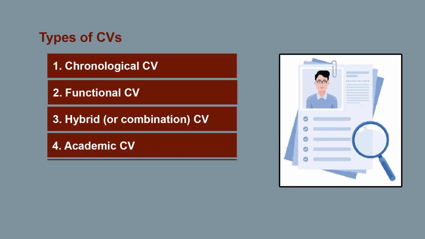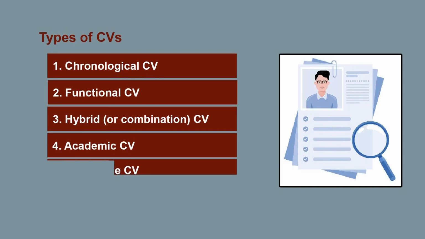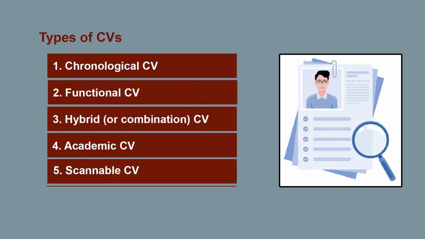Number 4, academic CV. This type of CV is very popular for those who look for employment in academia. It highlights the academic credentials, the academic achievements, and academic skill sets. Number 5, scannable CV.